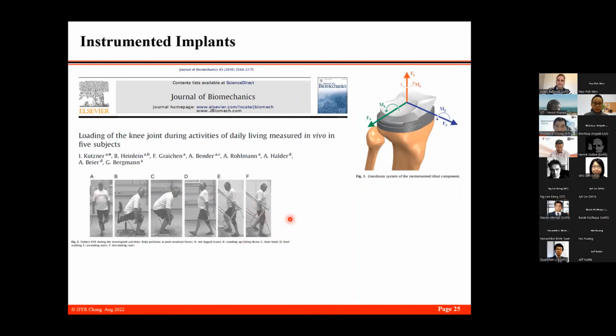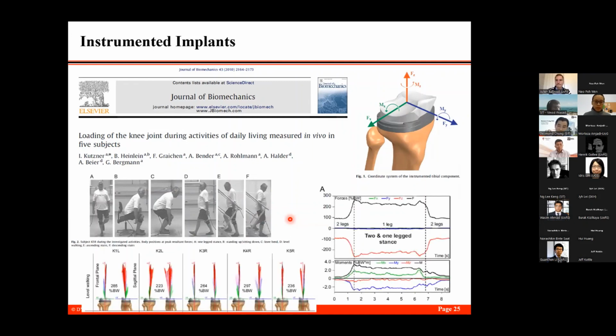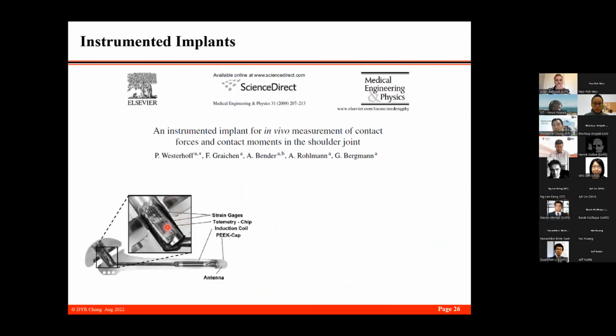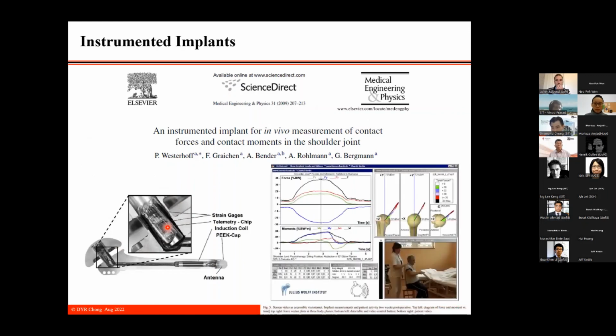When patients are wearing these instrumented implants, we are able to measure the actual forces experienced at the joint of interest. In this case, they are looking at the knee joint. They also have instrumented implants for the shoulder joint, where they can measure the joint forces at the shoulder in vivo.